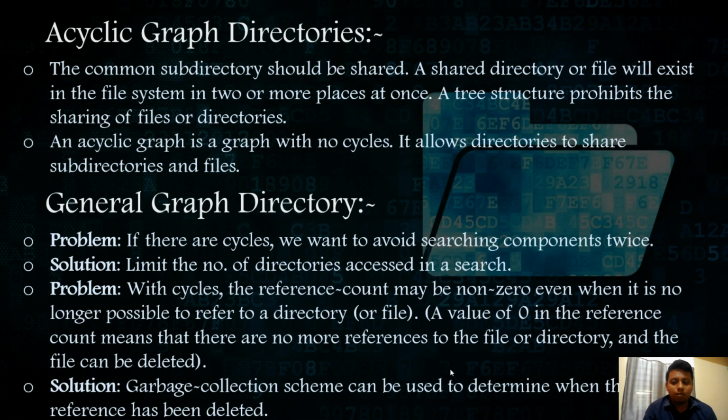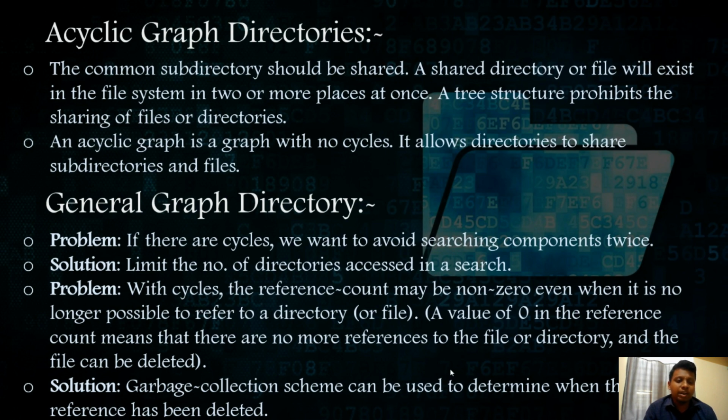A value of 0 in the reference count means that there is no more reference to a file or directory, and the file can be deleted. Solution: a garbage collection scheme can be used to determine whether the last reference has been deleted or not.